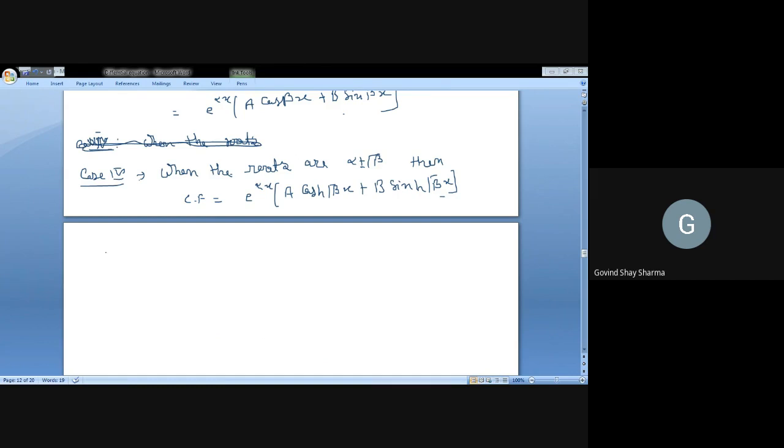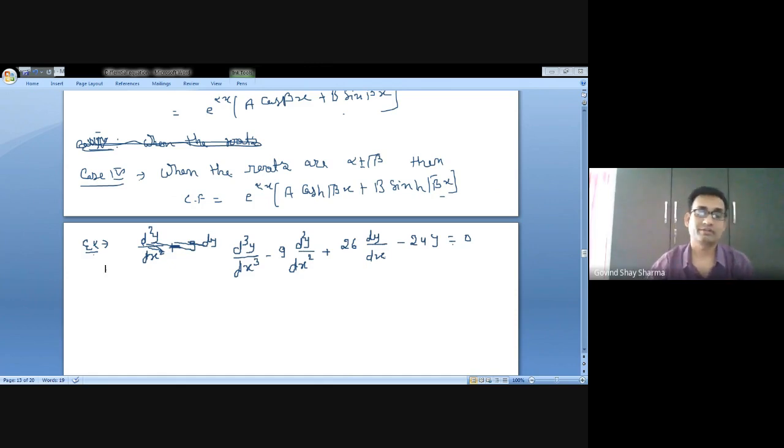Here is an example to find the CF: d cube y upon dx cube minus 9 d2y dx2 plus 26 dy dx minus 24y is equal to 0.